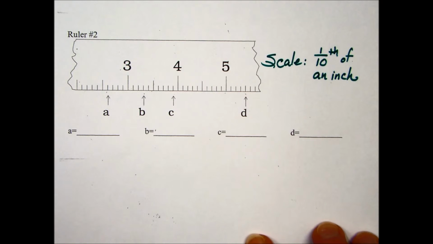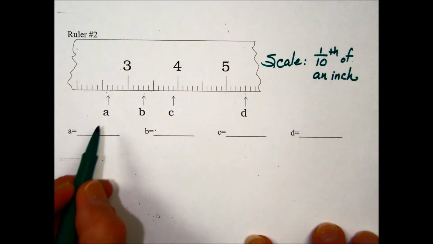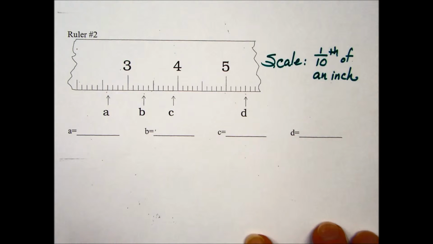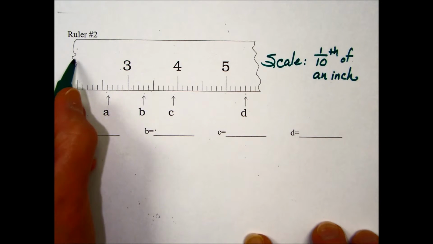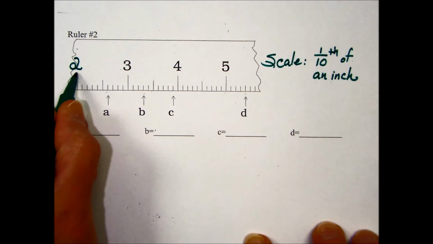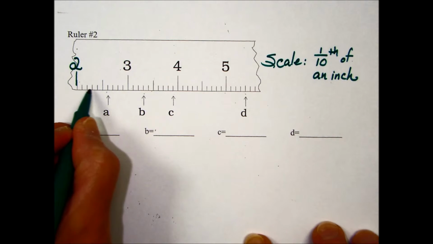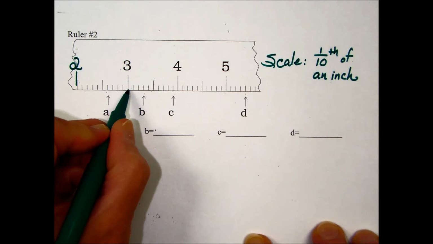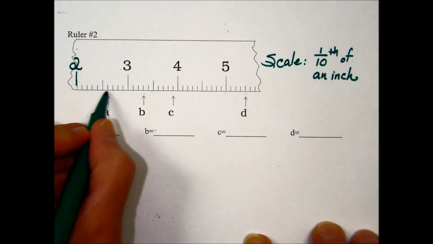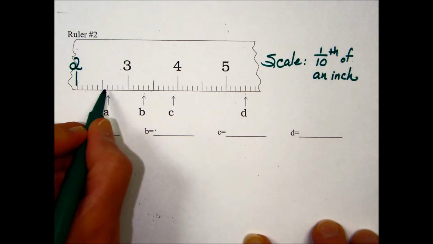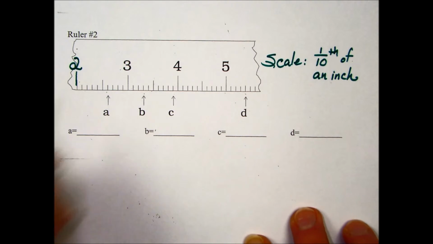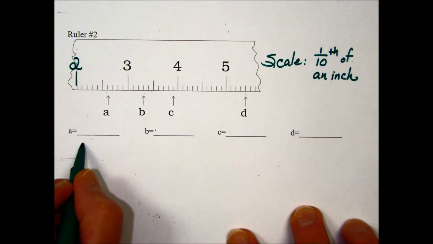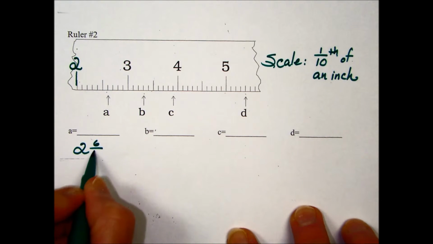So again, we look at the place of these letters and determine where it is located along this ruler. We don't have 2. The assumption is that we would have 2 here, and just to verify that, 1, 2, 3, 4, 5, looks like we're halfway, 6, 7, 8, 9, 10. So we are 6/10 beyond 2, so 2 6/10 would be our answer.